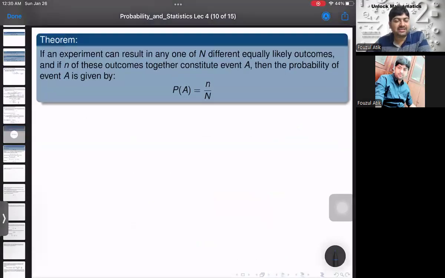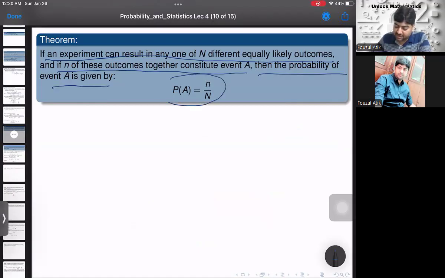We have a theorem: if an experiment can result in any one of N different equally likely outcomes, that means the sample space contains capital N different equally likely outcomes, and if n of these outcomes together constitute the event A, that means A has small n outcomes, all of them equally likely, then the probability of the event A is P of A equal to small n divided by capital N. So this we can prove very easily.